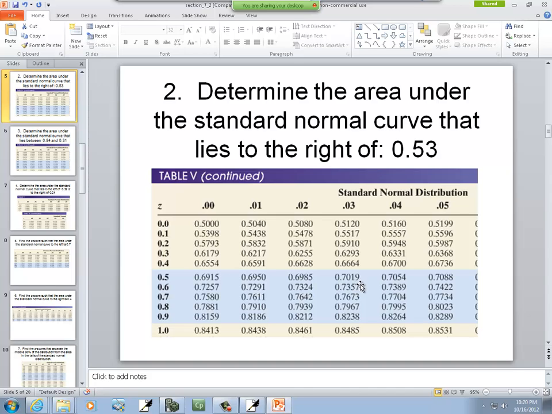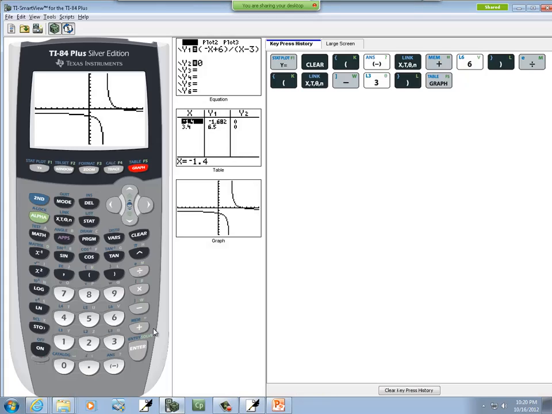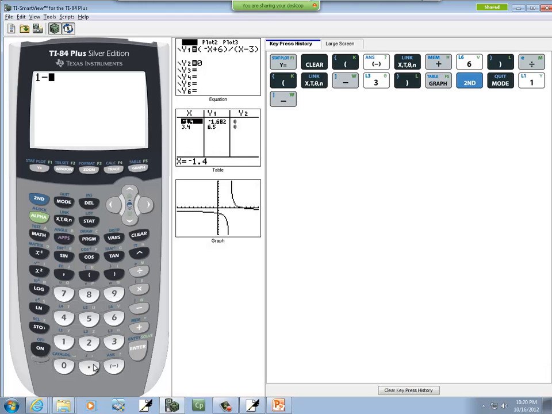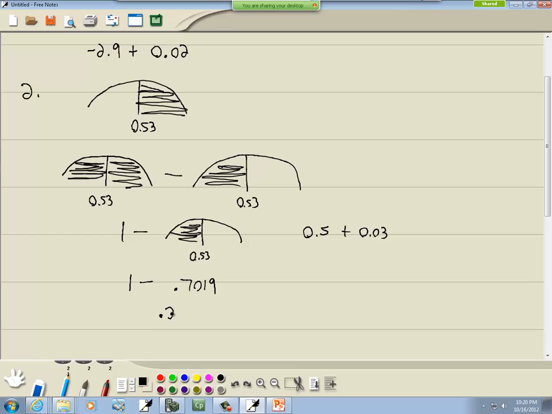It looks like it's 0.7019. And if I subtract those, we have 1 minus 0.7019, and then we get 0.2981. And that's our answer.